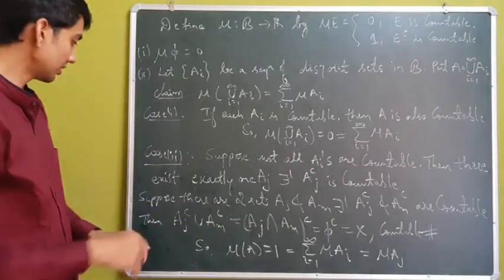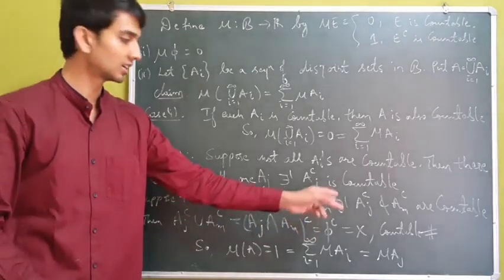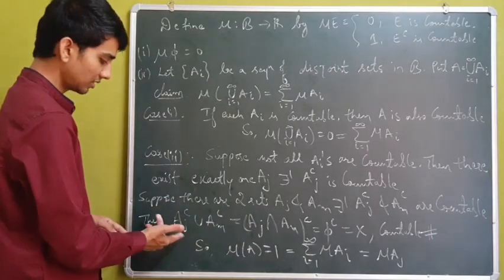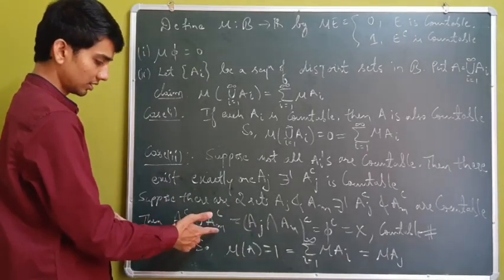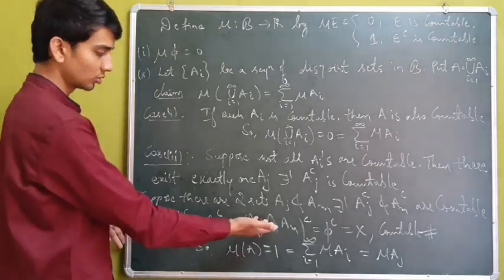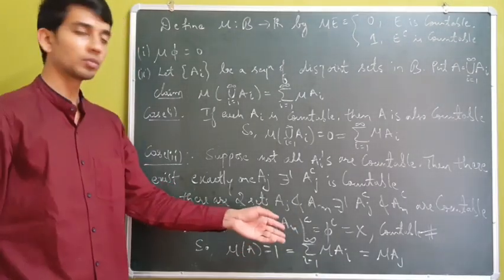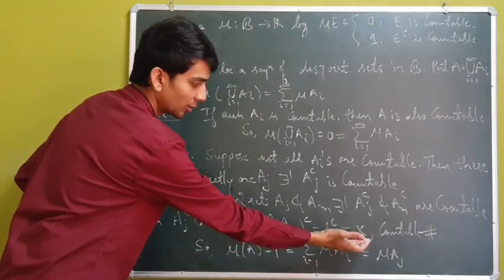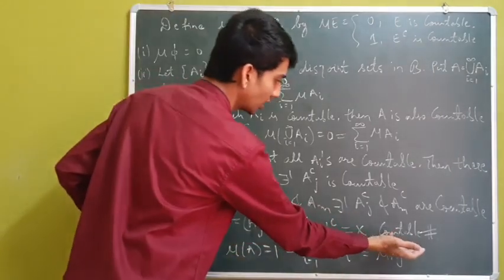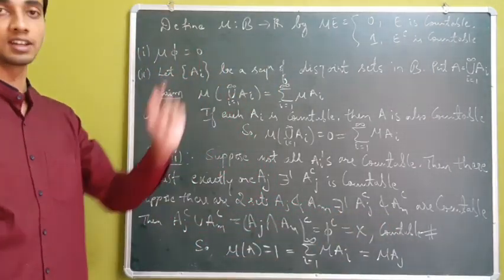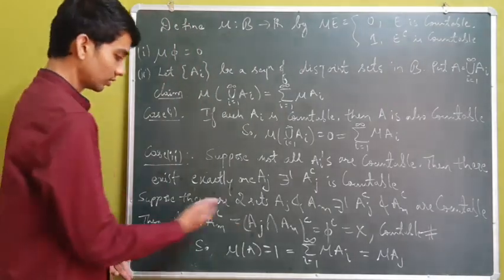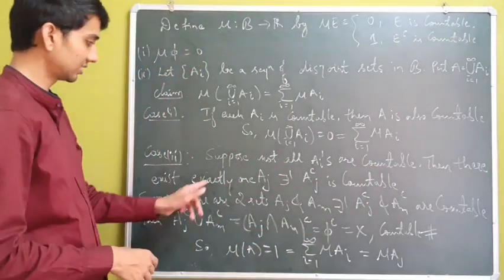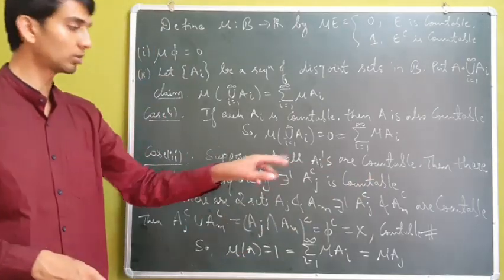Exactly one, because if there are two sets A_j and A_m such that A_j complement and A_m complement are countable, then by De Morgan's law the union of the complements is the complement of A_j intersection A_m, which is the complement of the empty set, which is the whole set X. That would be countable, which contradicts the fact that X is an uncountable set. So there cannot be two sets whose complements are countable, and we have exactly one A_j such that A_j complement is countable.